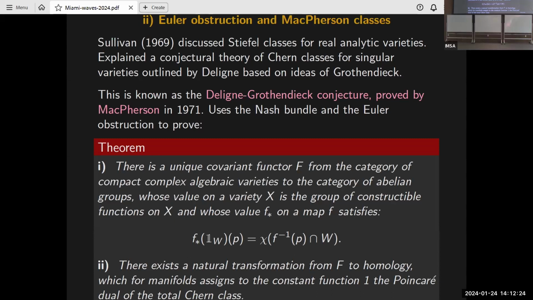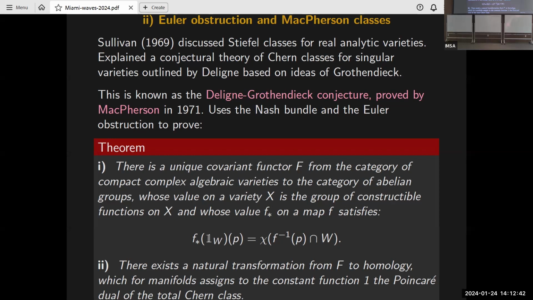And what he showed is the following. Given a singular variety in a complex manifold, everything goes analytically.